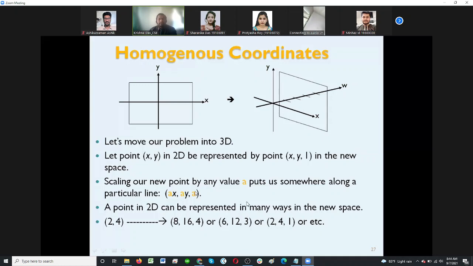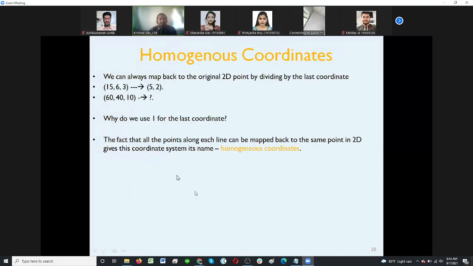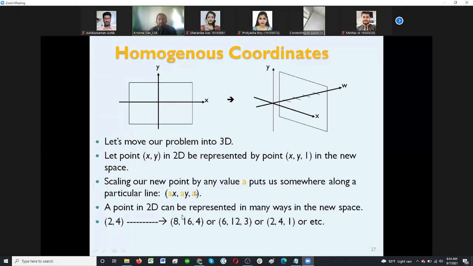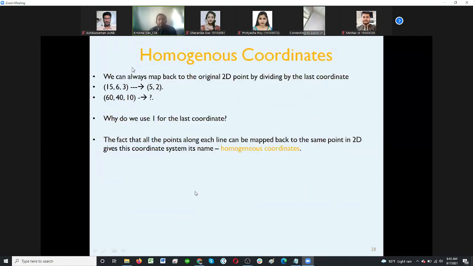In homogeneous coordinates, by default, we consider the z coordinate to be the value one. That means for every case, whatever two-dimensional point you are plotting in that space, the depth of that space is always the same. Consider it inside a cube shape, and we have seen that we can easily map back from 2 dimensions to 3 dimensions and 3 dimensions to 2 dimensions.